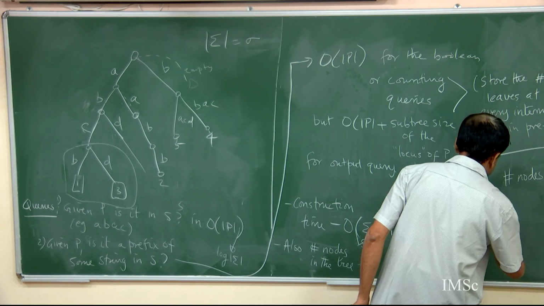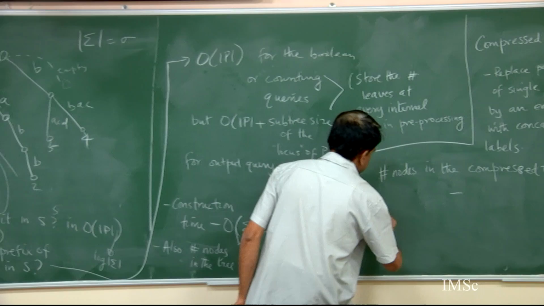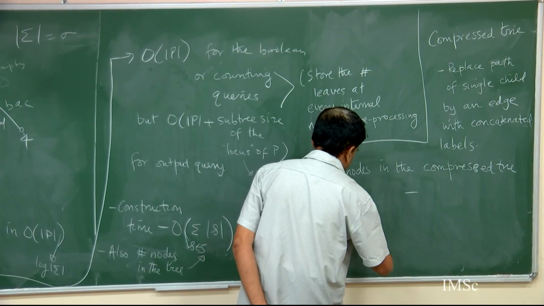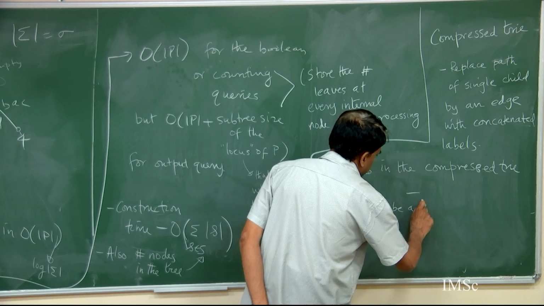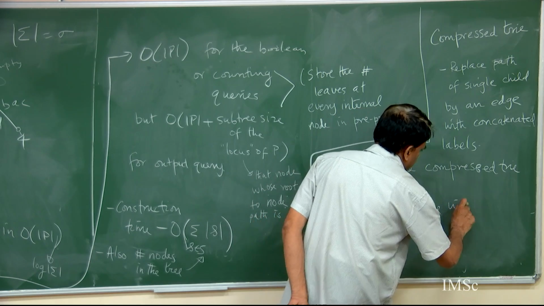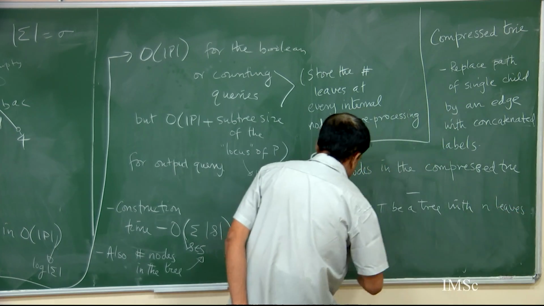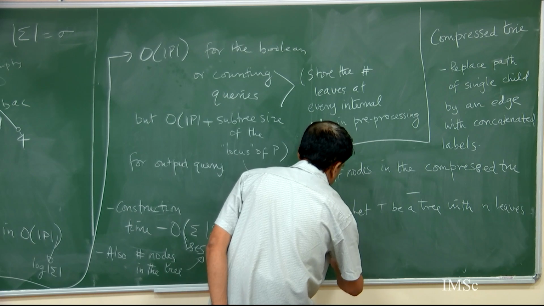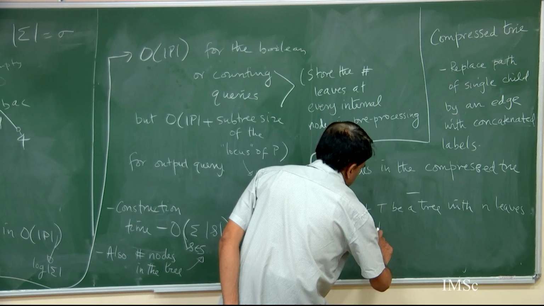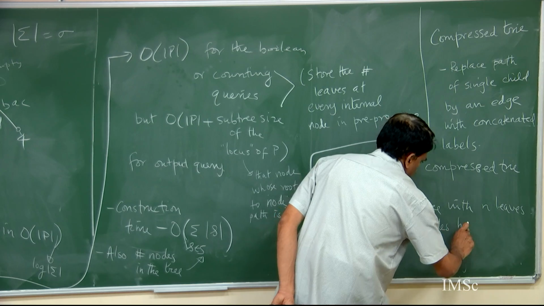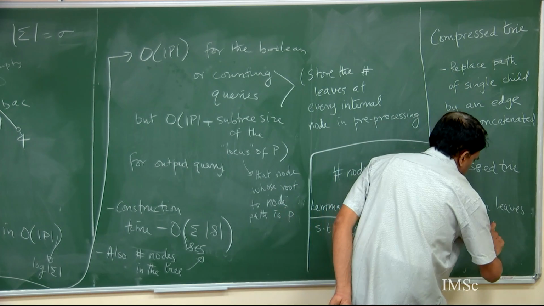Okay. So, let me just write a lemma, which is a nice combinatorial useful lemma. Let T be a tree with n leaves such that all internal nodes have at least 2 children.